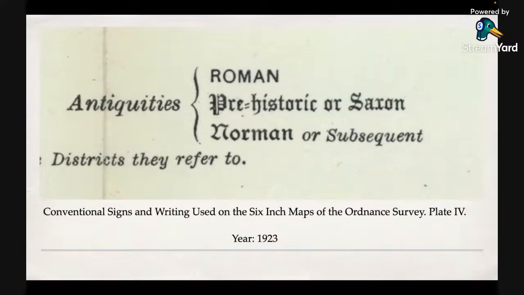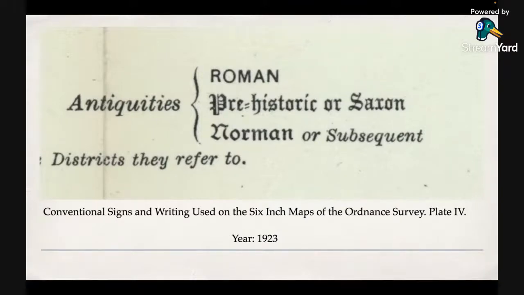As you can see, we have a font for Roman antiquities, between roughly 40 CE and 400 CE; prehistoric or Saxon for anything that came before Roman; Norman, that is for anything after 400-ish CE to the 17th century; and subsequent, that is anything after the 17th century.